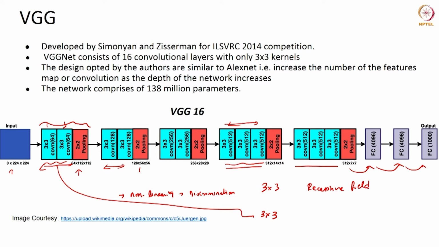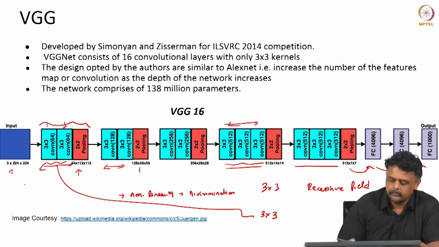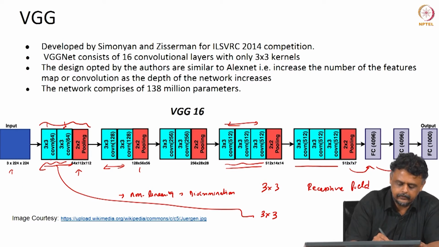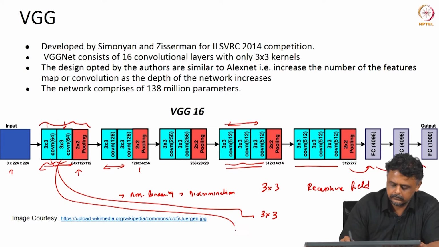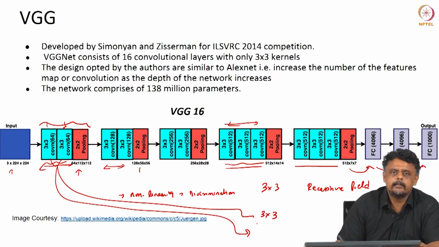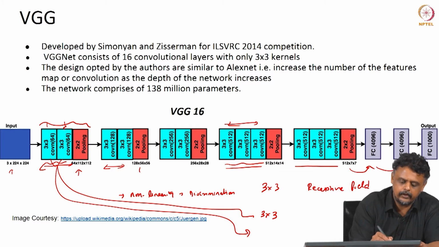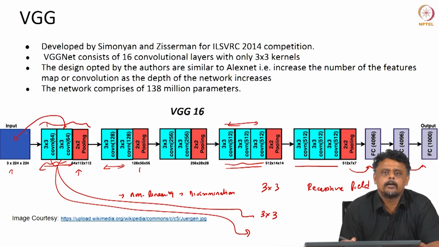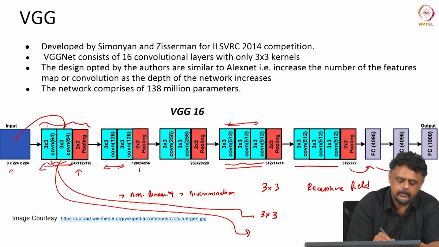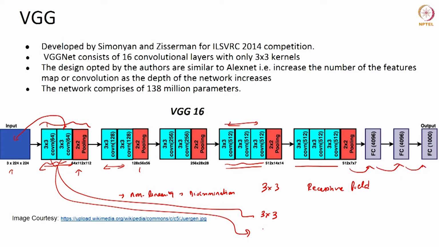Now if you look at the second one, the filter kernel size is 3 cross 3, but consider the receptive field on the original image. We are looking at the receptive field of this particular layer on the input side. The receptive field for the first is 3 cross 3 and for the second it becomes 5 cross 5.